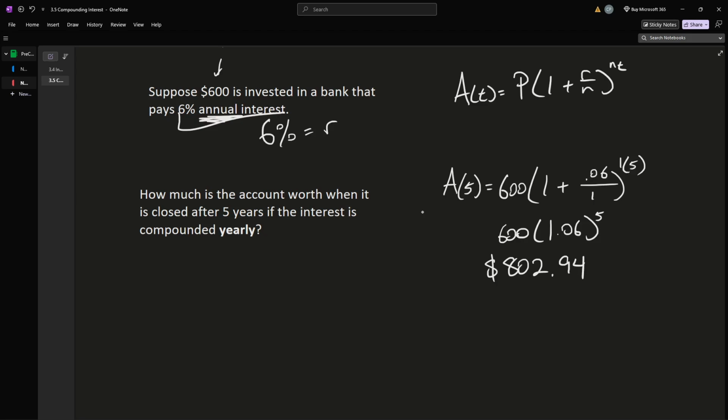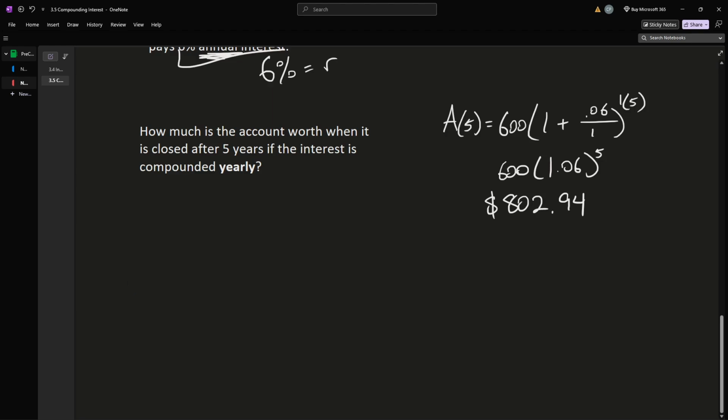I got quite a bit of money. My $600 became $800 after 5 years. And 6% is a lot higher than most. It's really hard to get 6% interest, but it is manageable. And I got $802. Some free money.